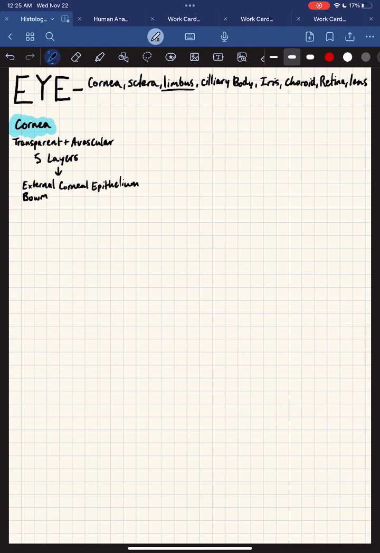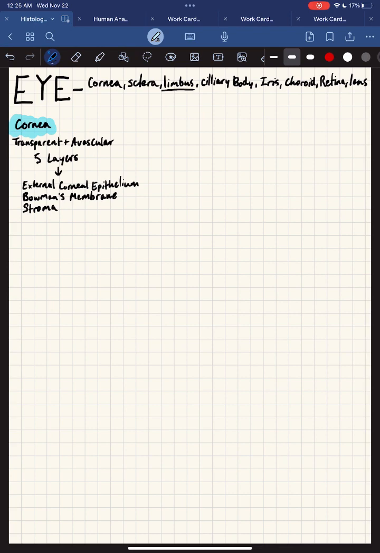So after the external corneal epithelium, more towards the inside, we've got Bowman's membrane. Trivia fact, Bowman was the name of the character that Ice Cube played in Black Ops 1. We've got stroma in the middle of the 5 layers of the cornea.